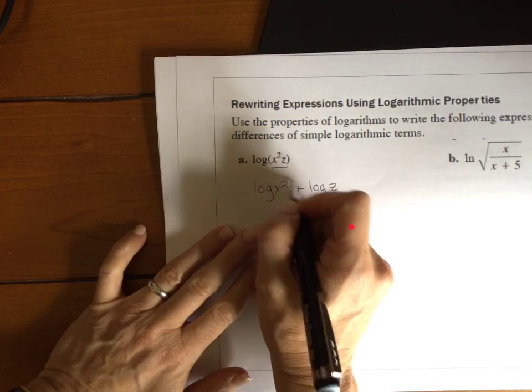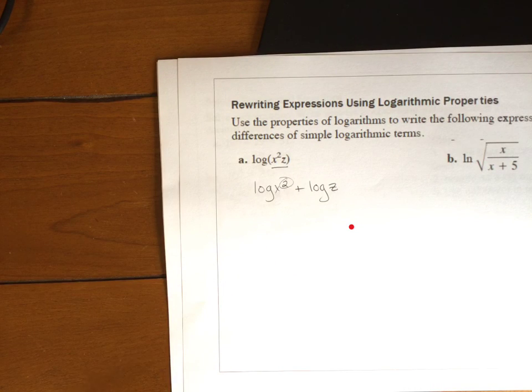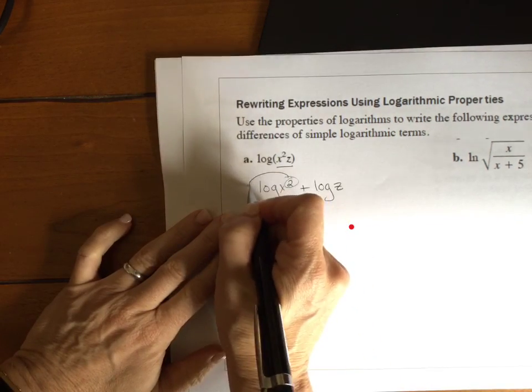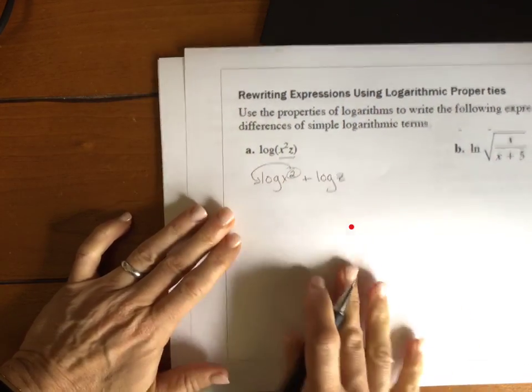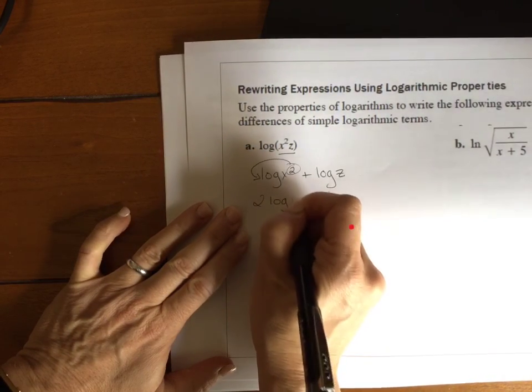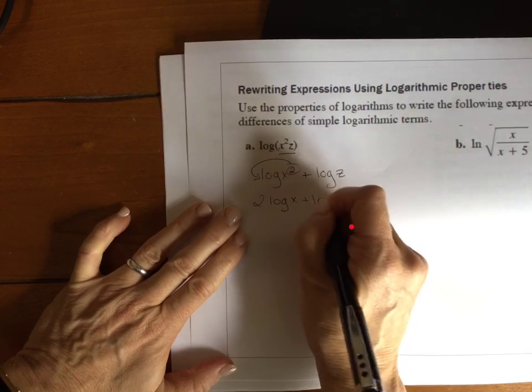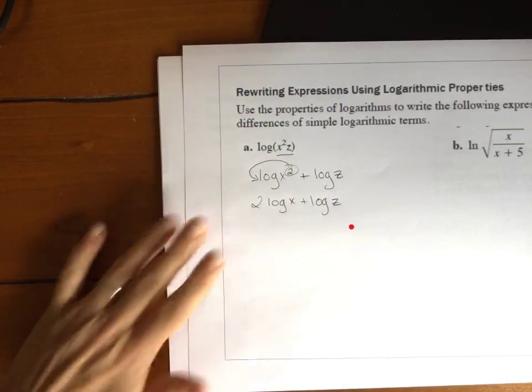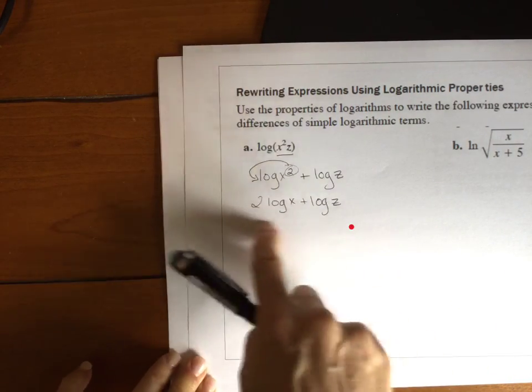And then I'm not fully simplified because that 2 is an exponent, and that was the power property. Knowing that all exponents, I can write them out front. So I would have 2 log of x plus log of z. So this is writing it in expanded form.